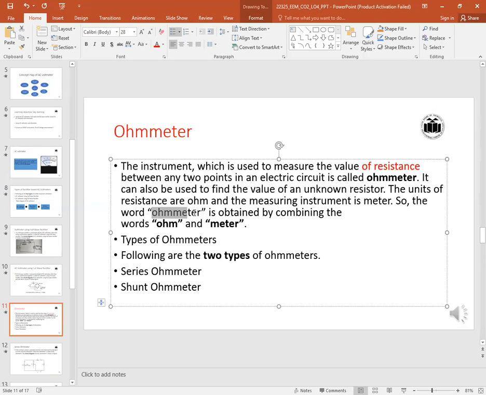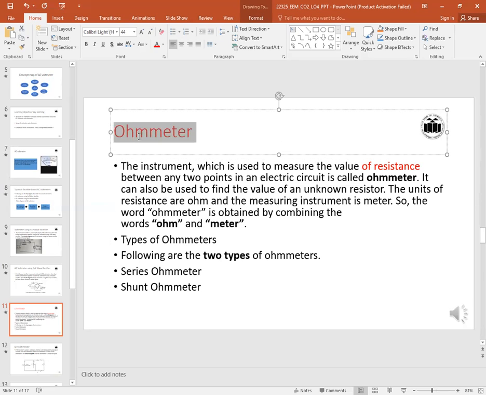The word is a combination of ohm, that is the unit, and meter, the measurement instrument. Therefore, it is called the ohm meter. So it can measure different ranges of any resistances, any unknown value of the resistor also.